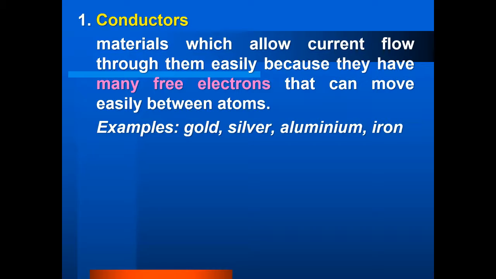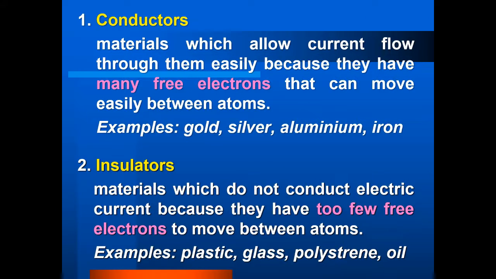What is a conductor? A conductor is a material which allows the current to flow easily because it has so many free electrons. For example, gold, silver, aluminium, and iron. And then the insulator is a material which does not conduct the electric current because it has too few free electrons to move between the atoms.